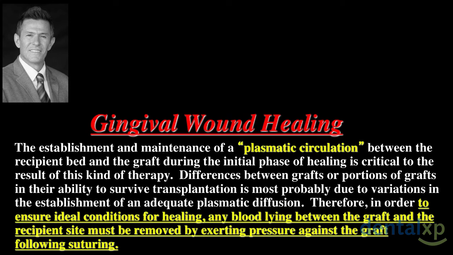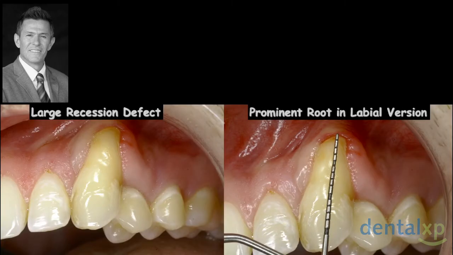So the excess blood should be removed by exerting gentle pressure against the graft following suturing. You want to minimize that fibrin layer. You don't want a very large amount of blood that has to be broken down by the body during wound healing. So all of these things lend themselves to a better result.